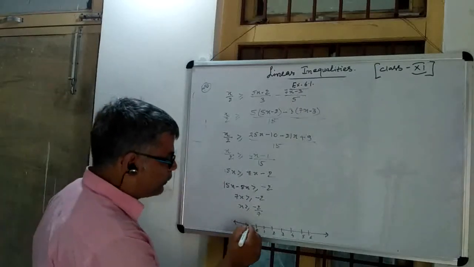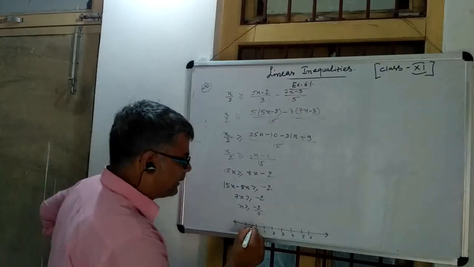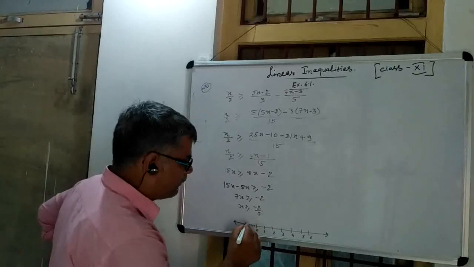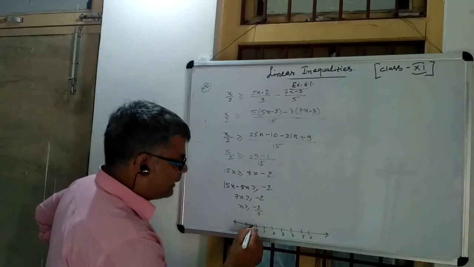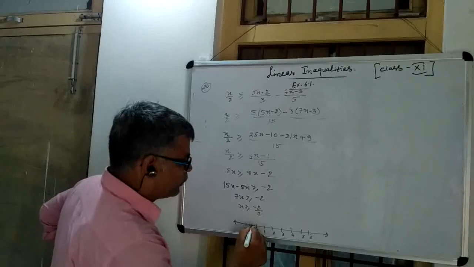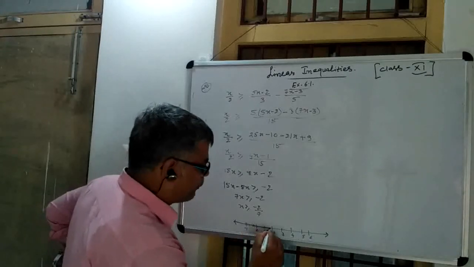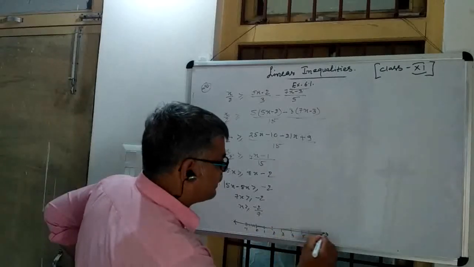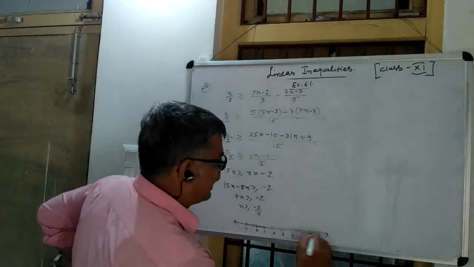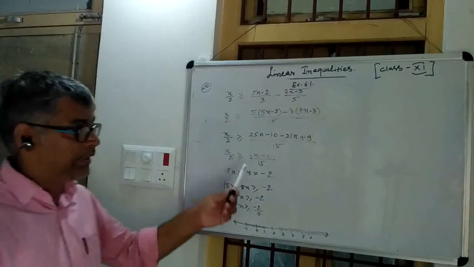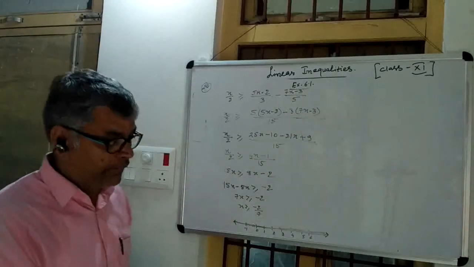Divide the part between 0 and minus 1 into 7 parts, 1, 2, 3, 4, 5, 6, so minus 2 by 7 will be here. From here onwards on the right side will be the solution. Darken this line from here to the right side, and you will get the solution of this inequality.